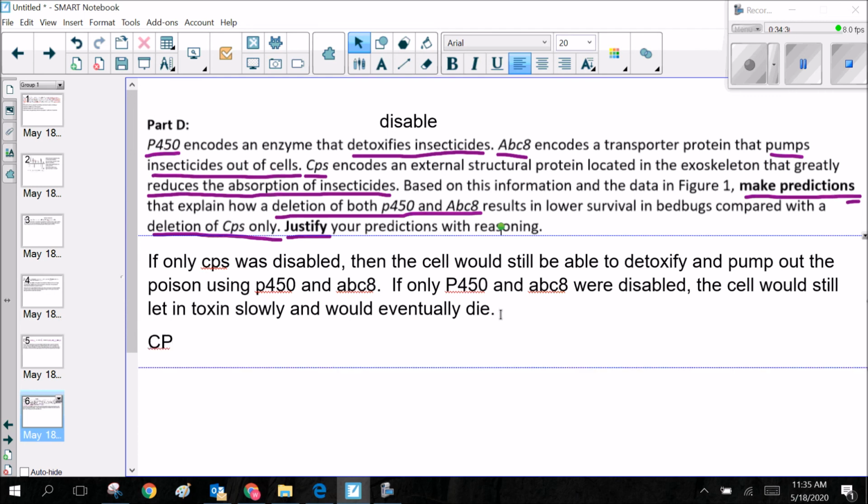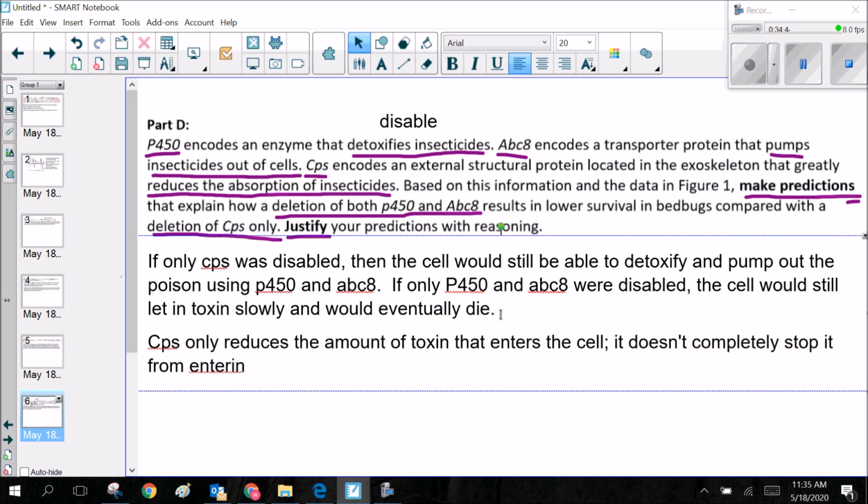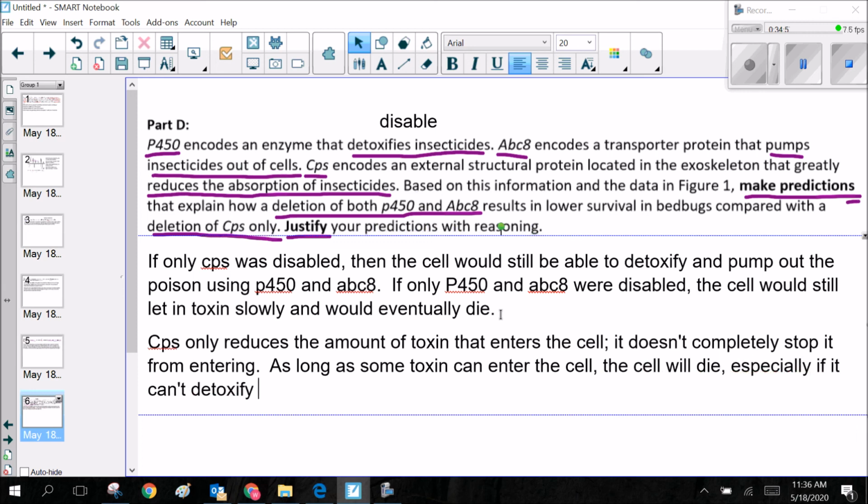Okay, so CPS only reduces the amount of toxin that enters the cell. It doesn't completely stop it from entering. As long as some toxin can enter, the cell will die, especially if it can't detoxify or pump out the poison.